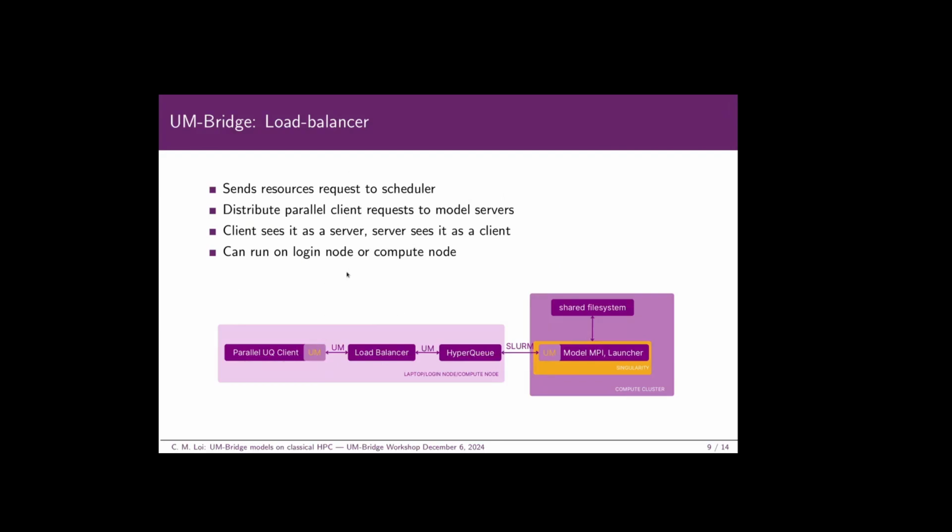So the load balancer acts as a middleman between the scheduler and the client. To the client, it acts as a server, but to the server, it acts as a client. It basically just forwards model evaluations towards our Umbridge models. And because it is not a compute-intensive process, it can run on the login node as well, but obviously you're also free to run it on the compute node.